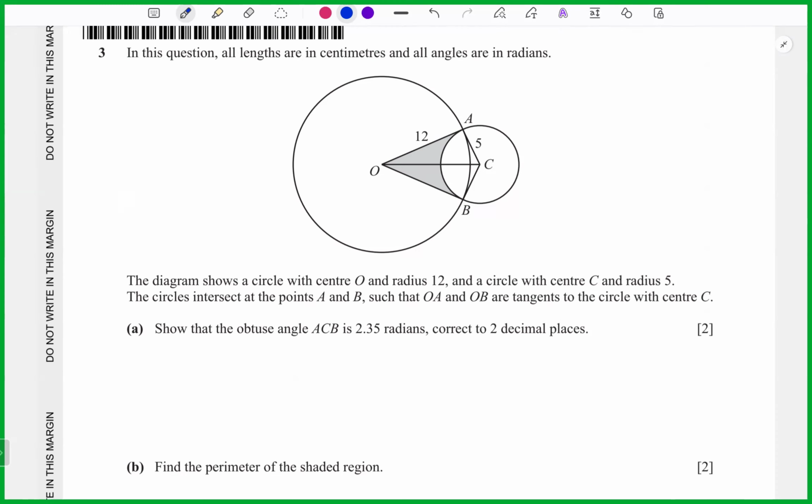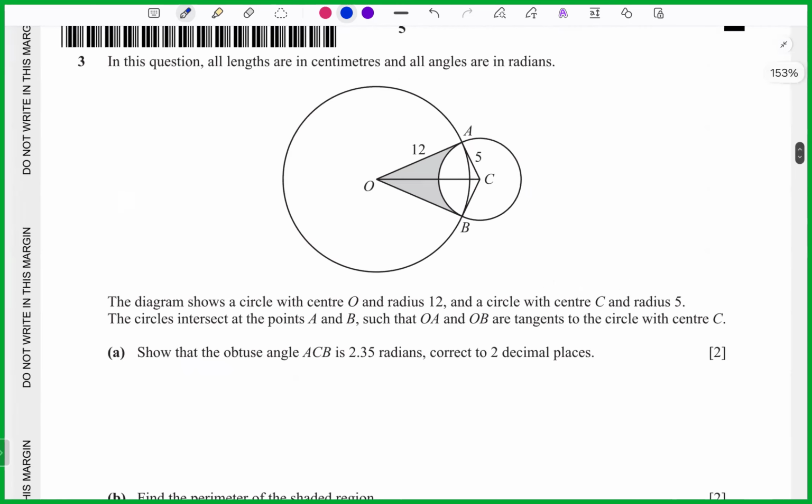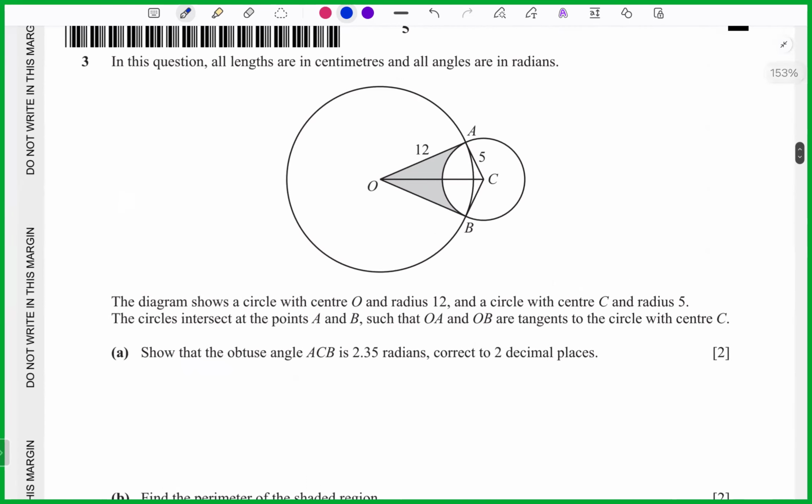Show that the obtuse angle ACB is 2.35 radians, correct to two decimal places. Okay, so let's try. The question already mentions OA and OB are tangent.